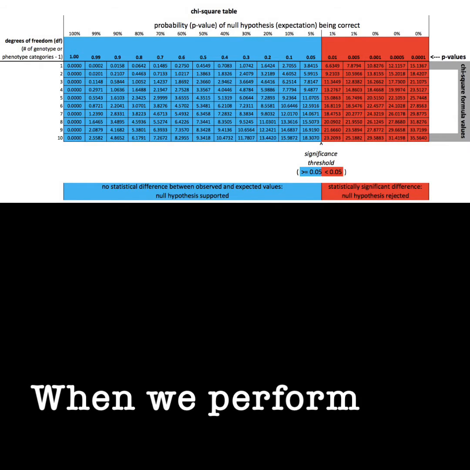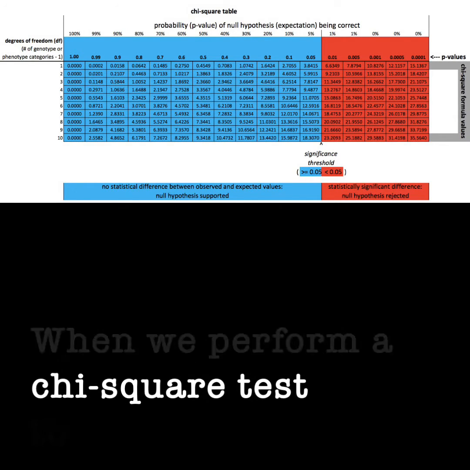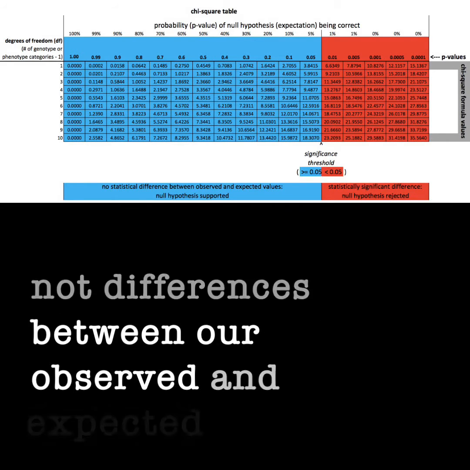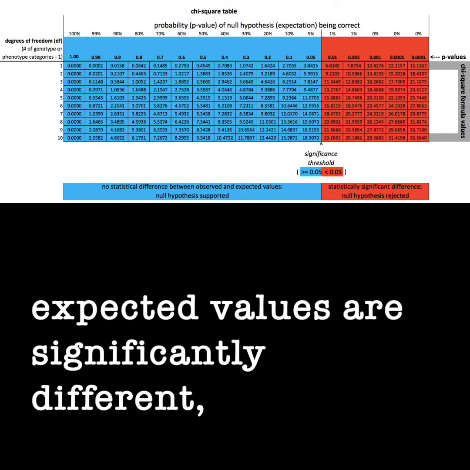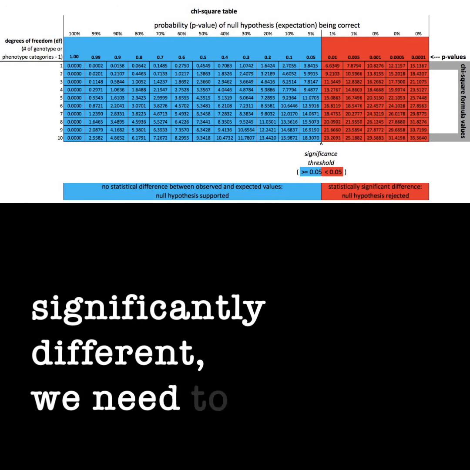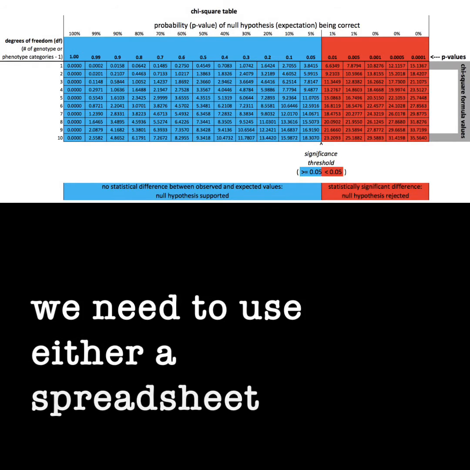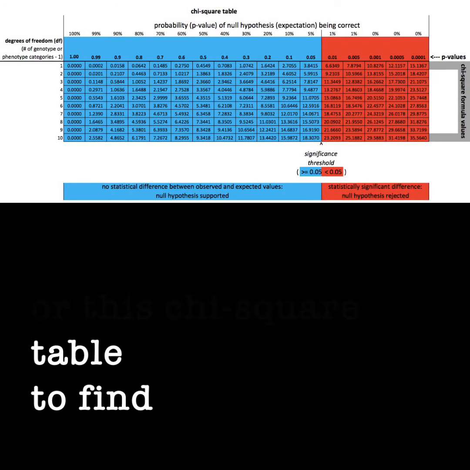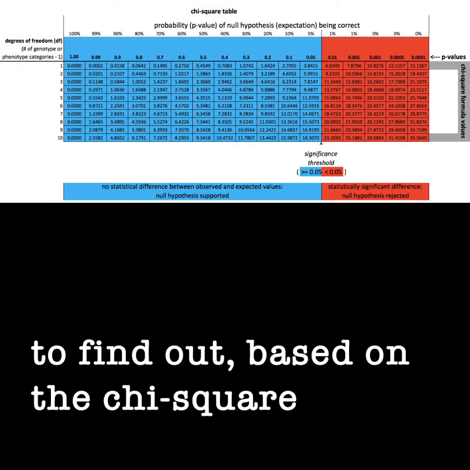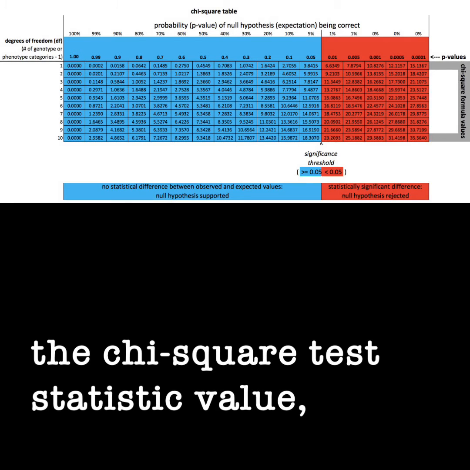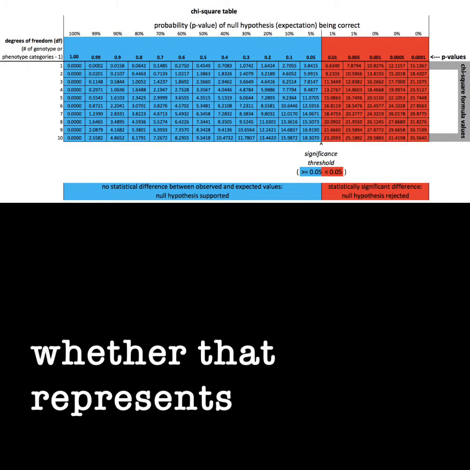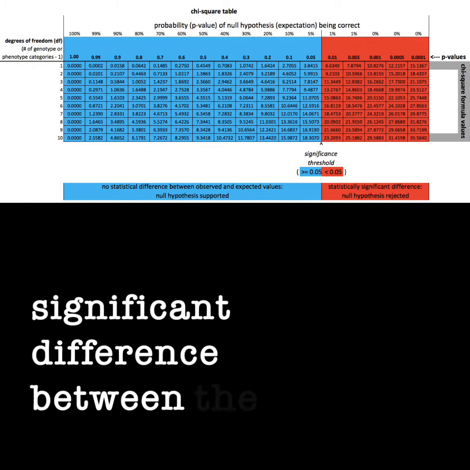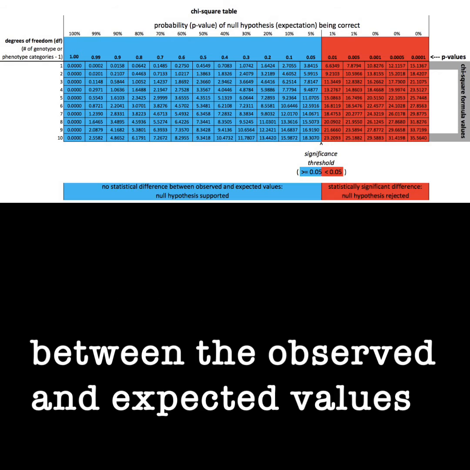When we perform a chi-square test to assess whether or not differences between our observed and expected values are significantly different, we need to use either a spreadsheet or this chi-square table to find out, based on the chi-square test statistic value, whether that represents an insignificant or a significant difference between the observed and expected values.